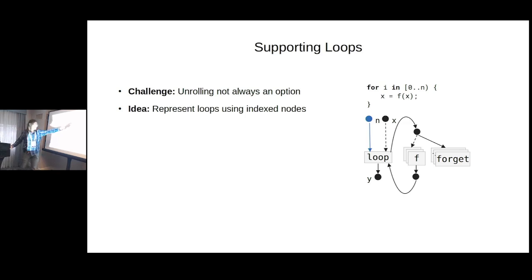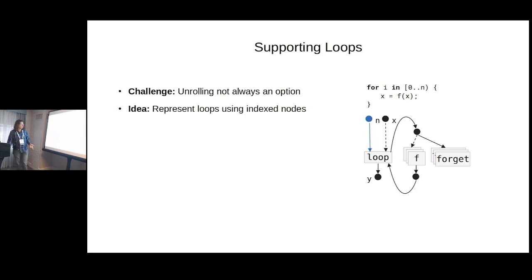So we have the original input. Oh, this should be a solid line. We have it being given to f, which f doesn't consume, and it being forgotten. And then we give the output of f to the next loop iteration. Here's an interesting thing. If we look at the dependencies, it turns out that we must first do all of the f's sequentially, like from 0 to n, and only then we must do all the forgets in reverse order.